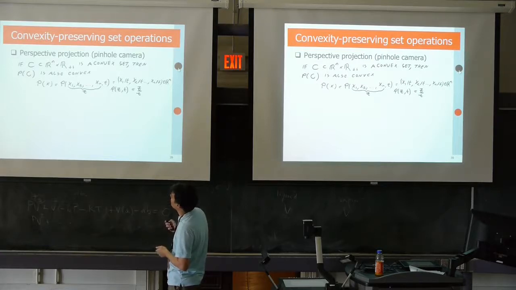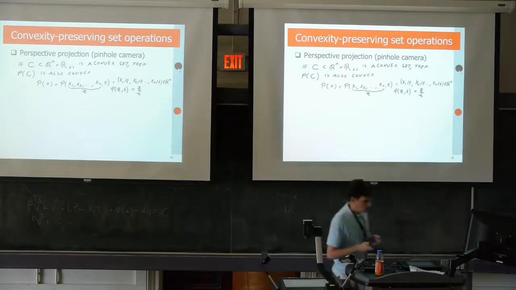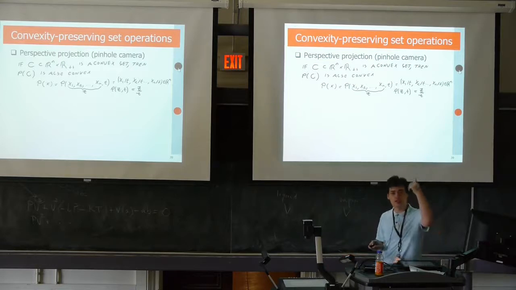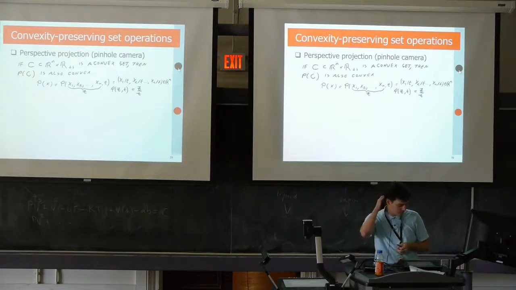So x1, x2, xn, it's an n-dimensional vector. t is a positive number. And so if I define this n-dimensional vector with z, then the projected image of this vector (z, t) is just z over t, an n-dimensional vector. And if C is a convex set, then you can prove that the image of this set will be convex set as well.